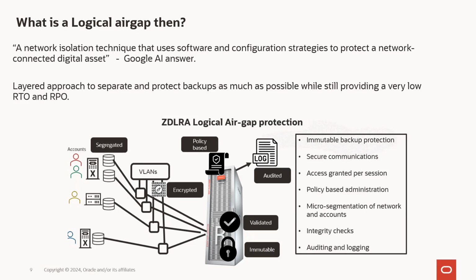So it's not shutting down the network like a physical air gap does, but it's really a layered approach to separate and protect the backups as much as possible while still providing a low RTO and RPO. That's the goal of a logical air gap.